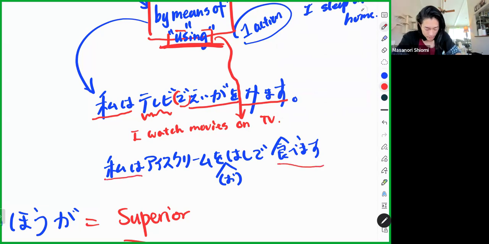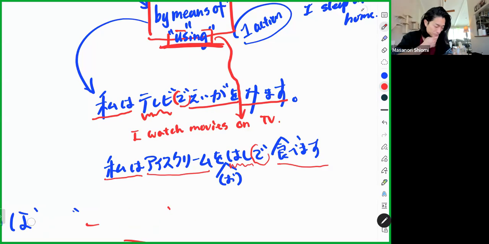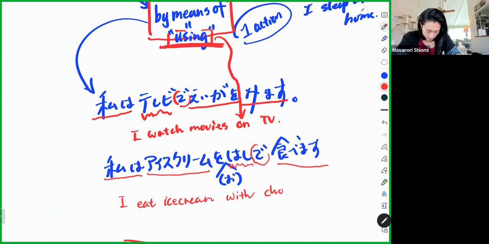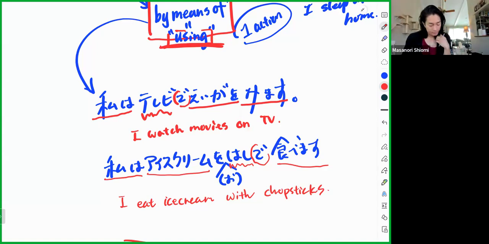I eat ice cream by means of or using chopsticks, meaning I eat ice cream with chopsticks, which I do. I eat anything with chopsticks, and my friends laugh about it, but it's just so convenient. Chopsticks are so good. You can stab, you can cut, you can eat soup with anything.